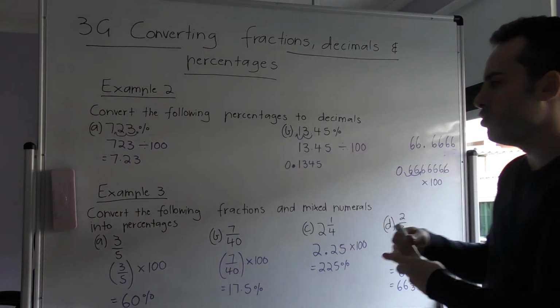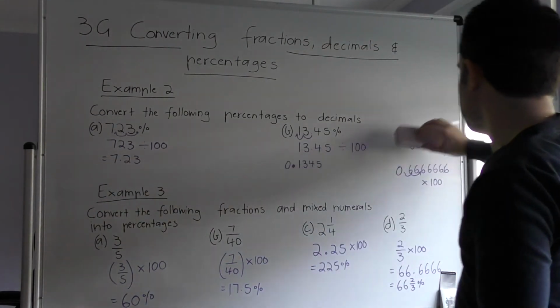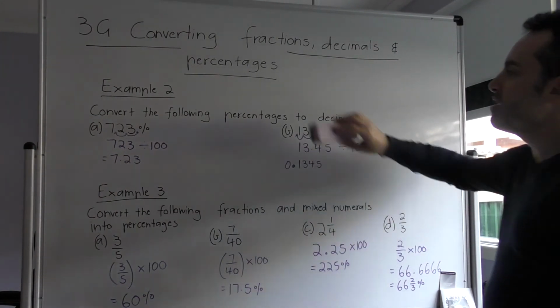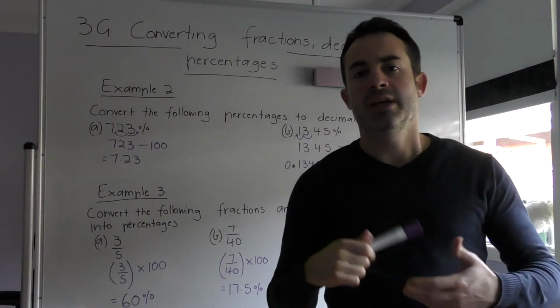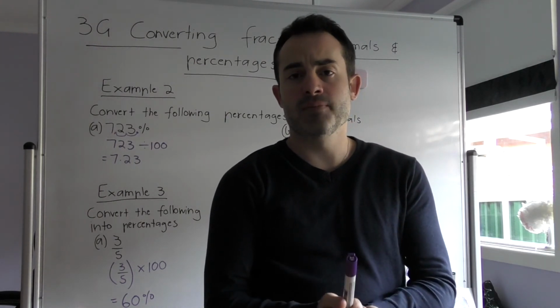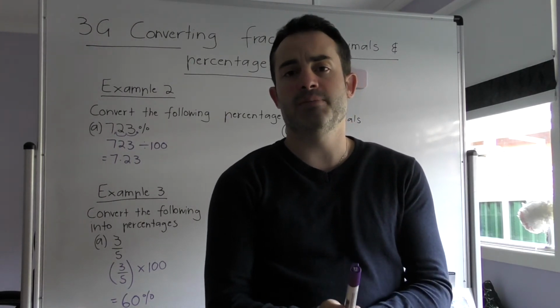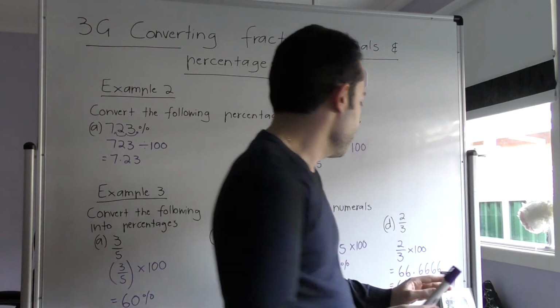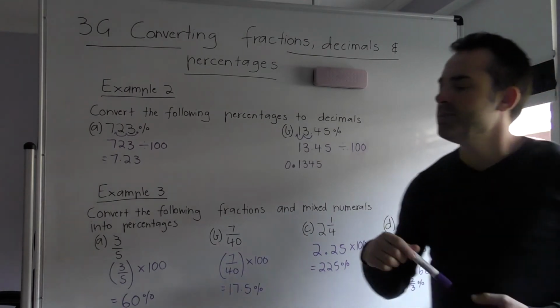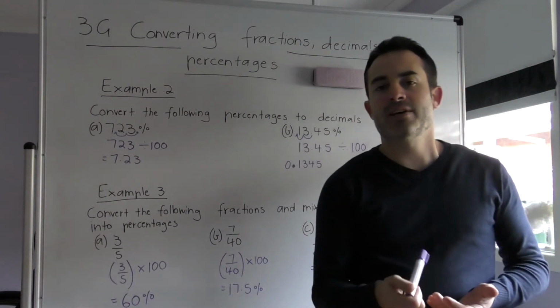I wanted to draw your attention to that. Why is this important? If they asked you to round off to the nearest whole number, I would round that off to 67%. But there are some situations where it's never a good idea to round off too early.